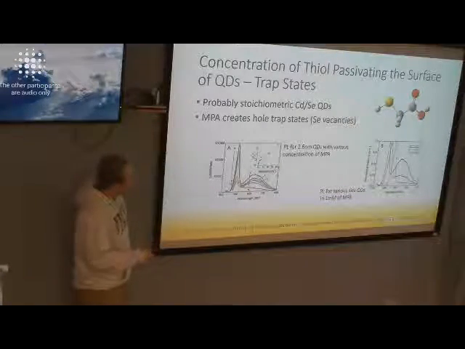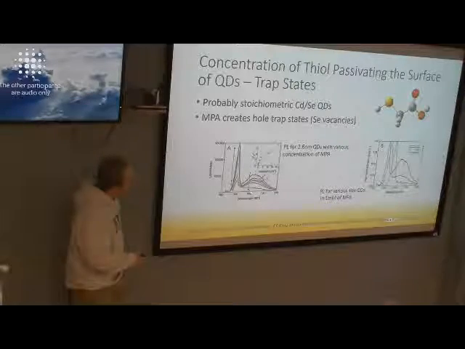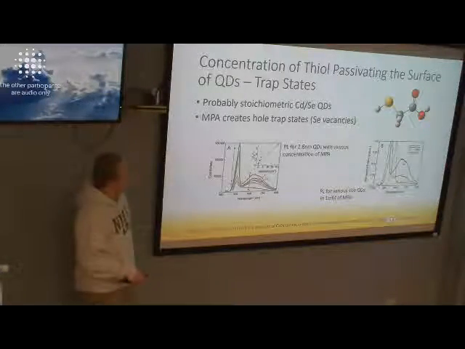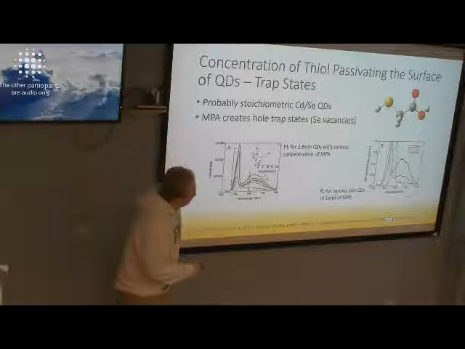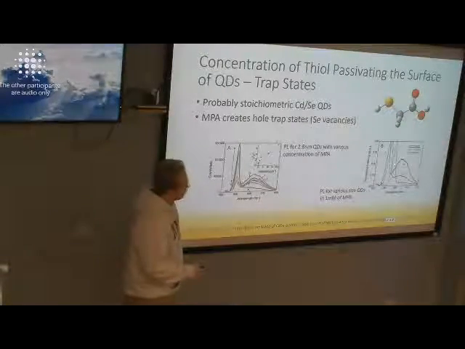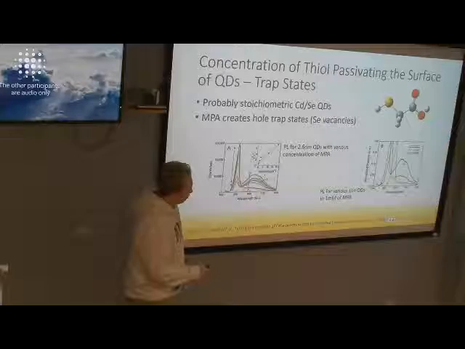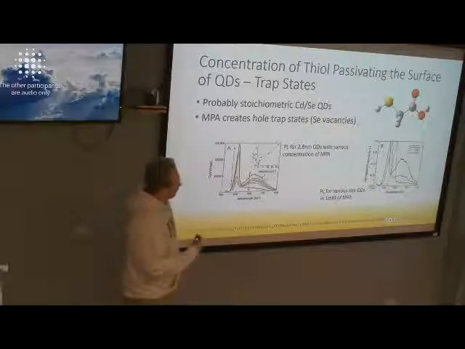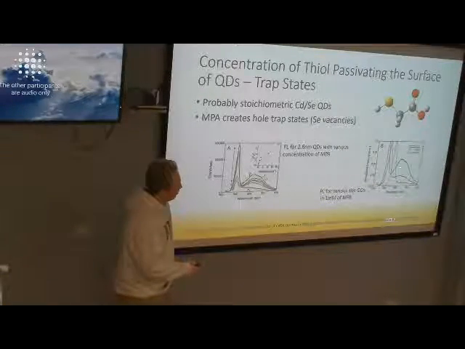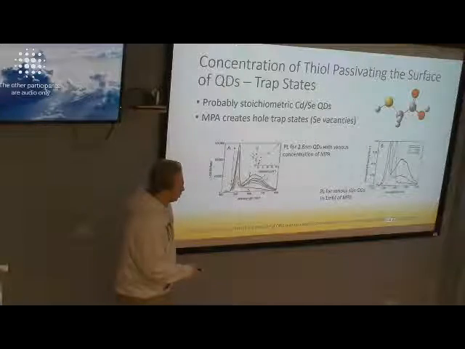And as you increase the MPA, it goes up pretty dramatically, and the band edge falls off rapidly. And when they did the size dependency, they also saw that the small quantum dots have more trap emission than the larger quantum dots.